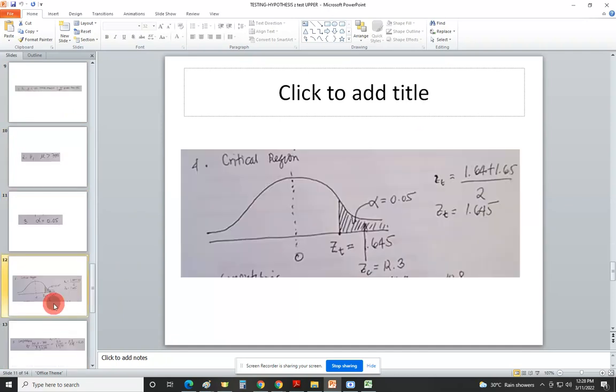Number 4, please be used in drawing a bell-shaped graph, as much as possible, it should be symmetrical, no? So you label the center as 0. Why 0? Is for you to know later where will you put the negative value.